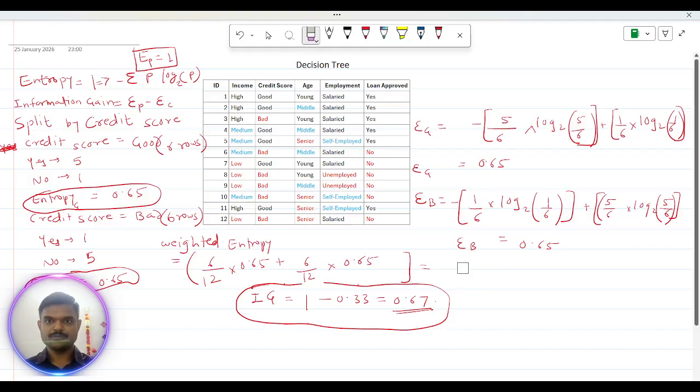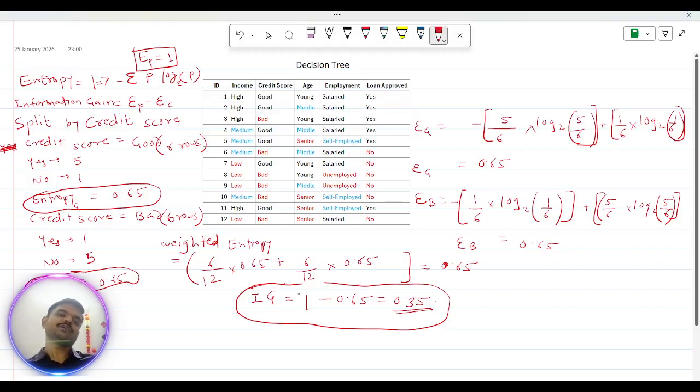And the information gain is 1 minus 0.65, which equals 0.35.